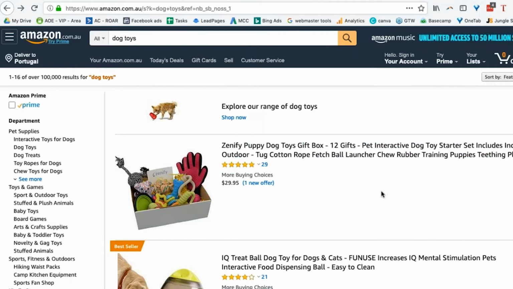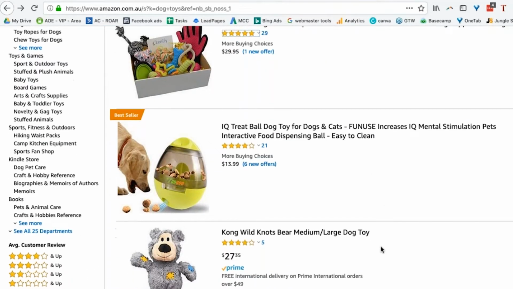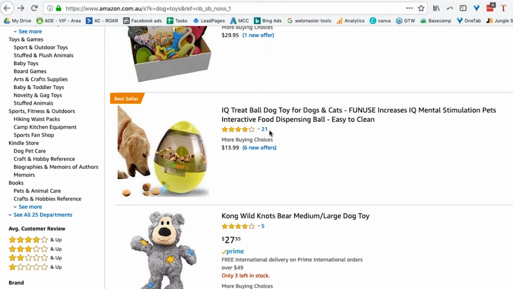The other thing I might do is say, well, look, this has got 2,900 reviews. I'm never going to unseat that. But look at position number 2 and position number 3. That's only got 21 reviews. That's got 5 reviews. I could easily get my product into position number 3 and scoop up some sales from position number 3.